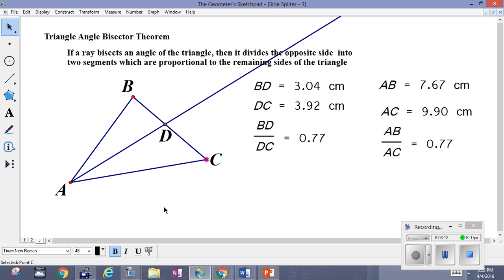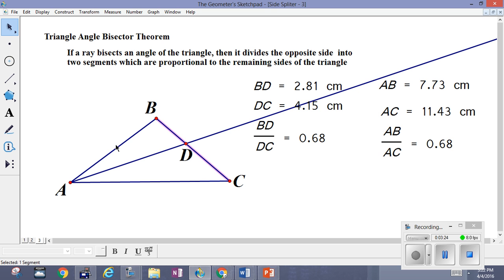Now, another way I could do it, which maybe makes a little more sense, is the same thing. I could take the ratio of one piece of the bisected side to a side of the triangle, say BD is to AB as DC is to AC.